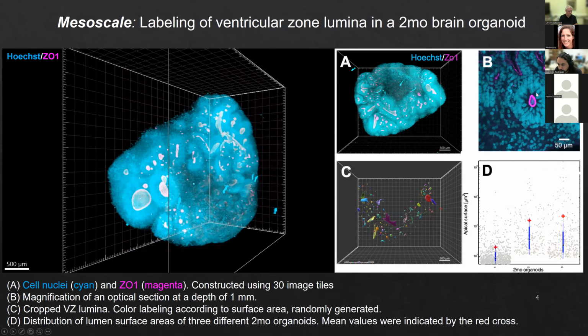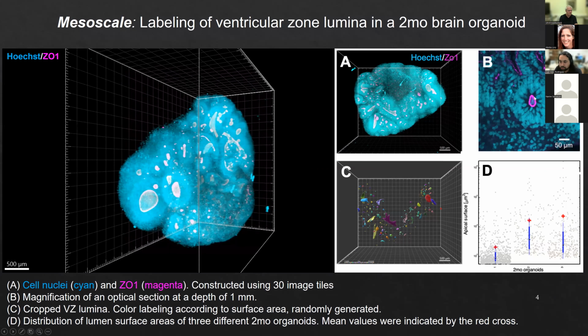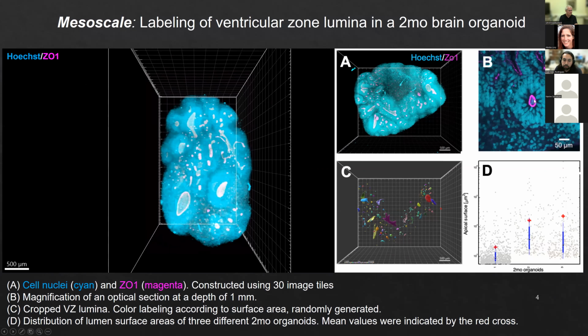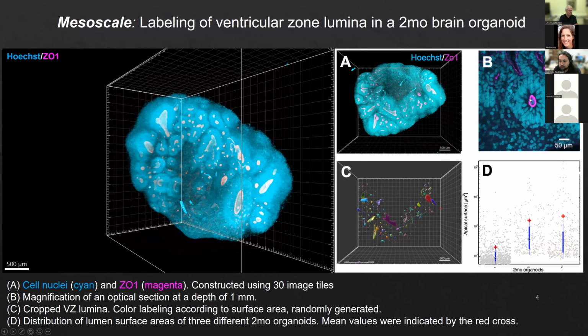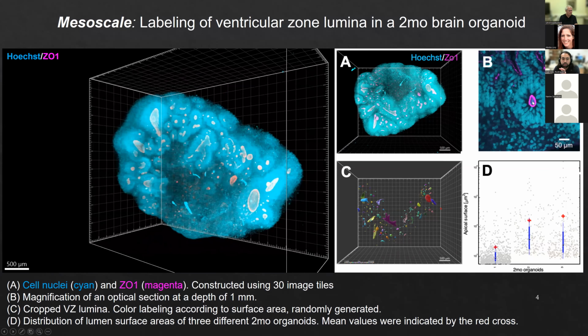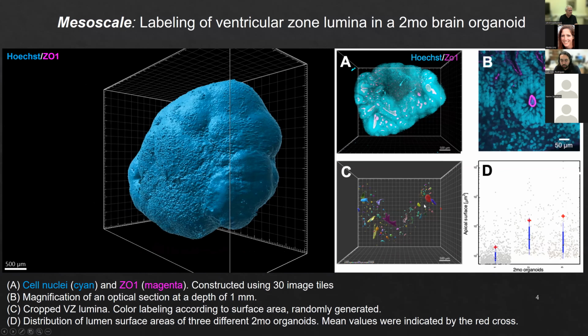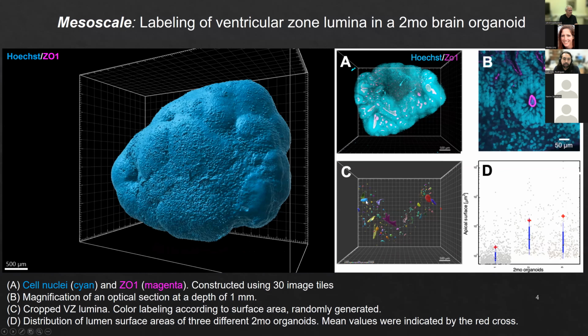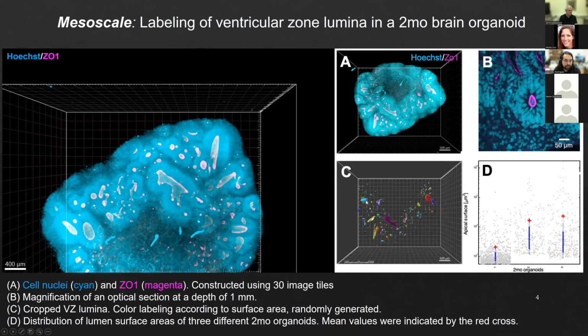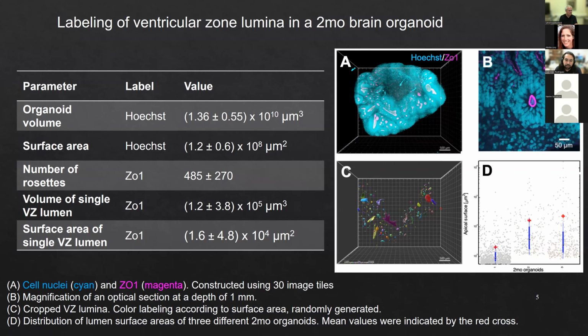Here is a close-up of one of these rosette structures where the ventricular zone is stained. With all this information, we can do a segmentation of all these bodies inside the organoid and get some numbers, for example the volume of the complete organoid.